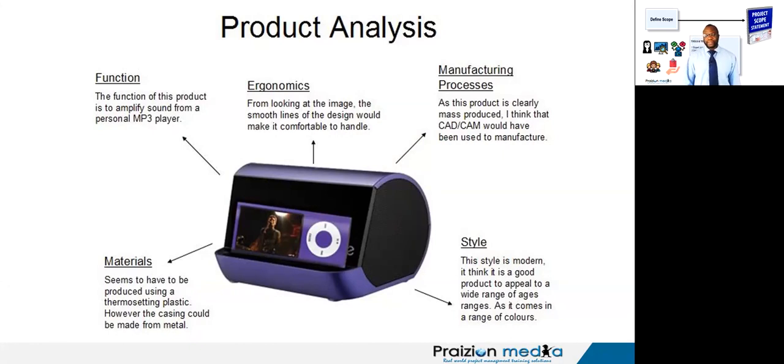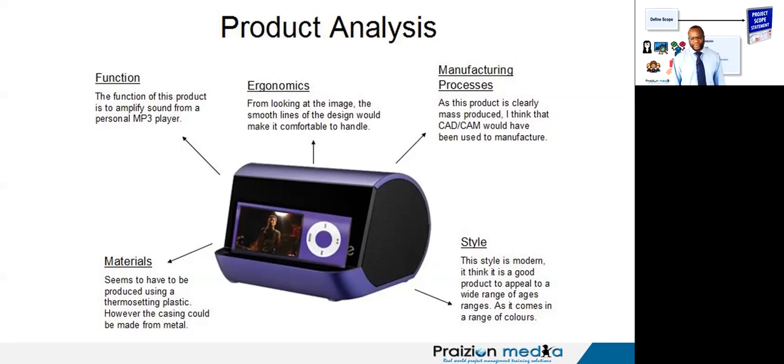Well, as this product is clearly mass produced, I think that CAD or CAM, computer aided design or computer aided manufacturing, would have to be used to manufacture it. What about the style? This style is modern. It's a good product to appeal to a wide range of ages, and it comes in different colors.